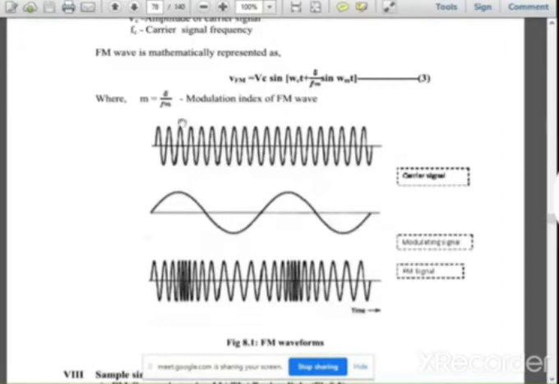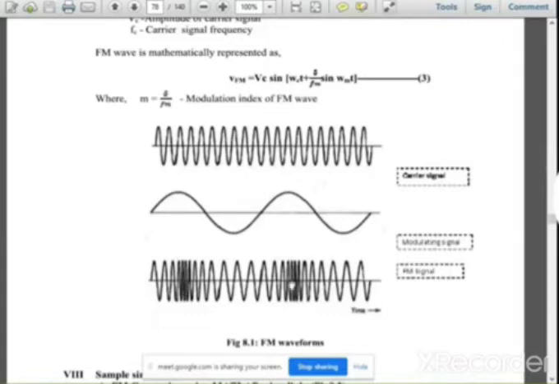Here this is the modulating signal and this is the carrier signal, and as the amplitude of the modulating signal increases, your carrier frequency also increases here.